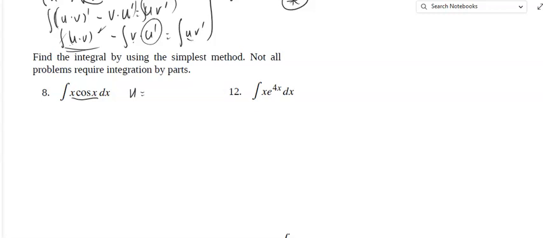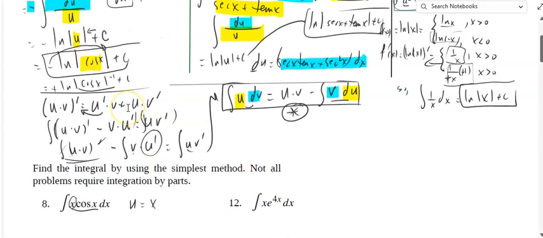Okay, so what do you let u equal? You let u equal the portion of the integrand that you can eliminate, that pretty much disappears by taking enough derivatives, and that is in general a polynomial. If I let u equal a polynomial, because I'm going to be taking whatever I choose u to be, I'm going to be taking a derivative of that.